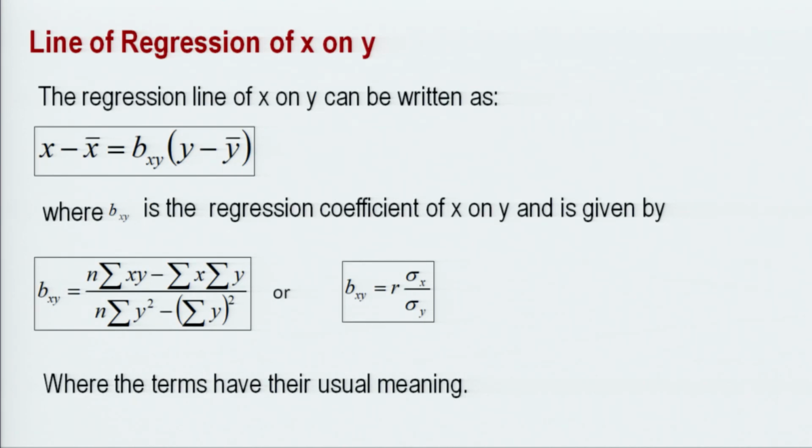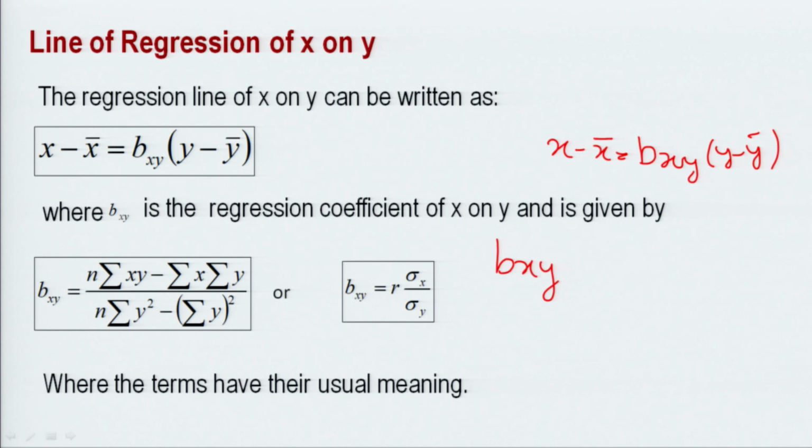In a similar way, we find the line of regression x on y. Here y is independent, x is dependent. So, we can write the equation as x minus x bar is equal to bxy times y minus y bar, always remember that this is x on y. As usual, x bar and y bar are the mean values of x and y, and bxy is the regression coefficient of the line x on y.